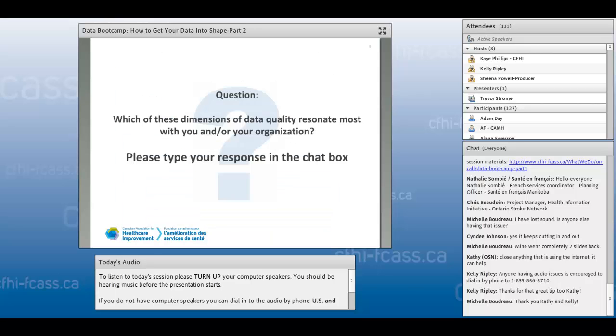But if we take a second to pause here, we'd like to get a sense from the attendees today, which of these dimensions of data quality resonate the most with you and your organization.